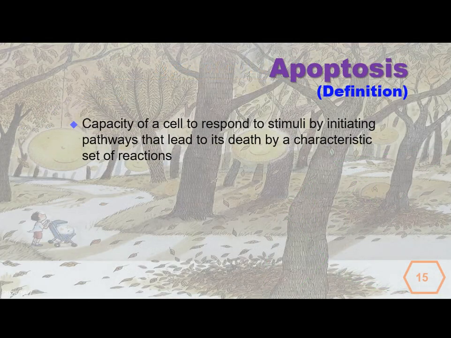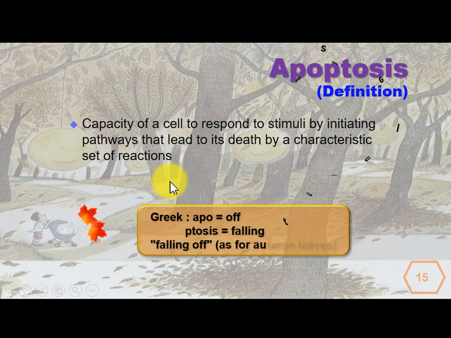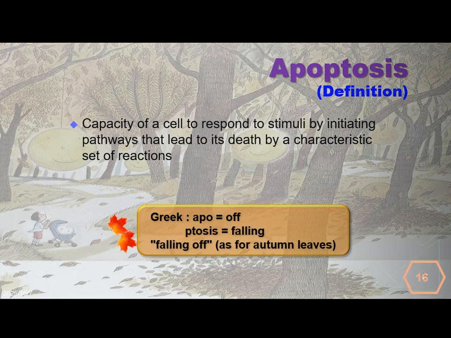Apoptosis: the definition of apoptosis is the capacity of a cell to respond to stimuli by initiating pathways that lead to its death by a characteristic set of reactions. The word 'apo' means off, and 'ptosis' means falling, just like leaves falling from the tree.